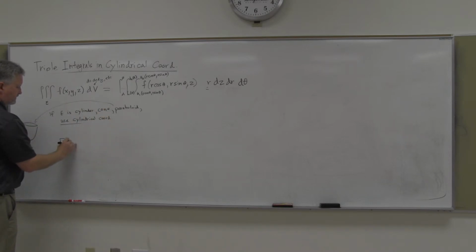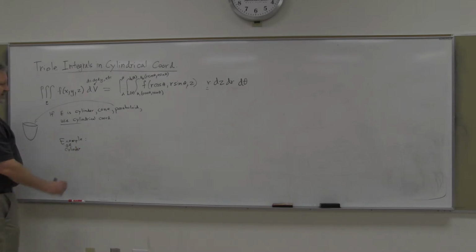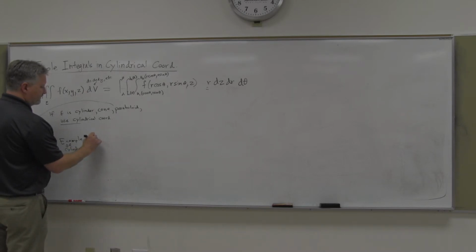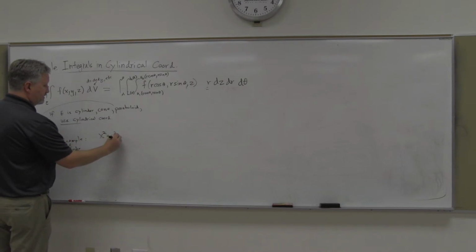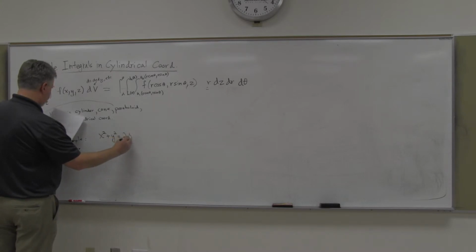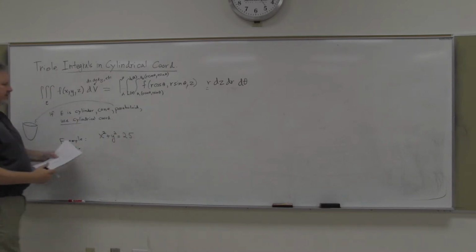We know what the cylinder looks like, but as far as the graph and equation, what does it look like? Well, it turns out in three dimensions, x squared plus y squared equals 25 is one number I picked here.